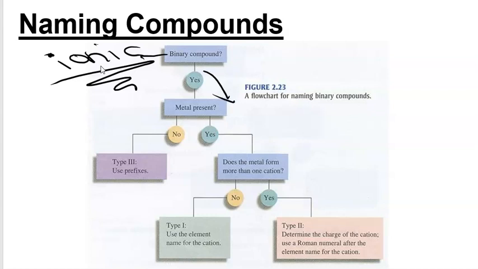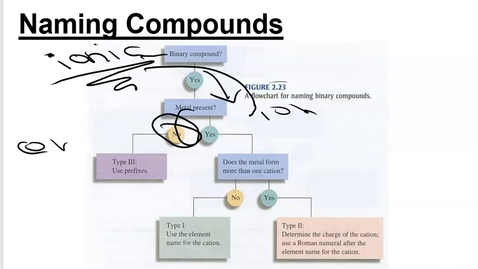If there is a metal, it is definitely ionic. If it has a metal, it's ionic. If there is no metal, it's covalent. If there's no metal at all, it's covalent. And then you're going to use those prefixes.